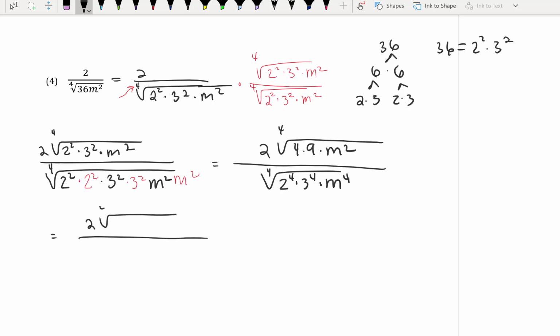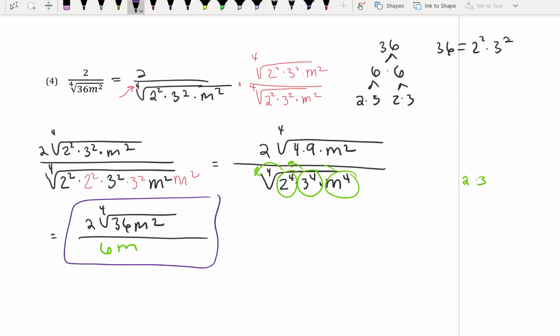In my numerator, I still have the fourth index. 4 times 9 is my 36m squared. And down at the bottom, my 2 gets to jump out, and the 3 gets to jump out as well. So 2 times 3 gives me a 6, and the m gets to jump out, so that's going to be an m.